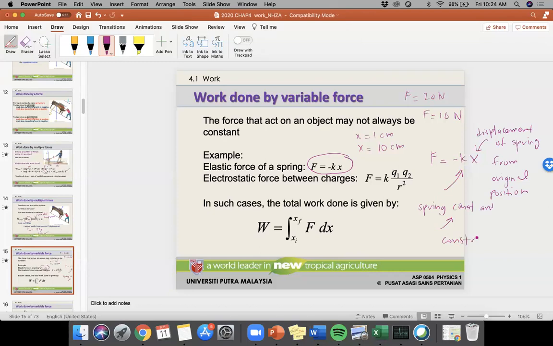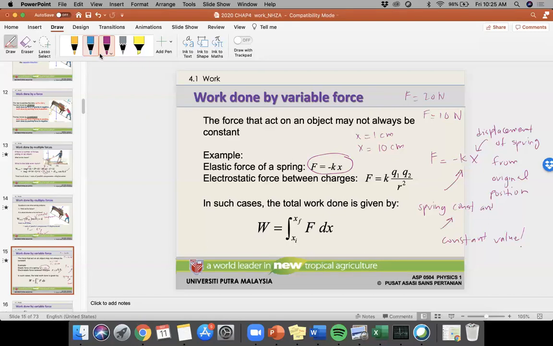Don't vary K. K is constant. X changes depending on how much we compress or stretch. The force changes with whatever x the spring is experiencing. So F is minus Kx. What does it mean? It means that a negative force is produced with the displacement.